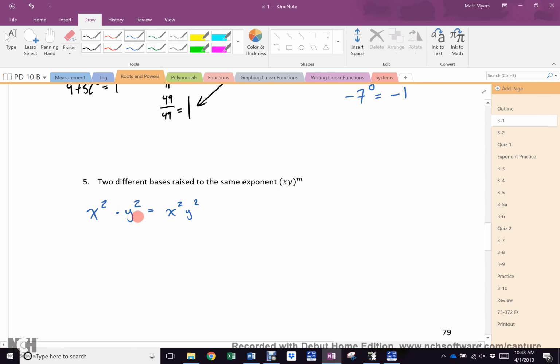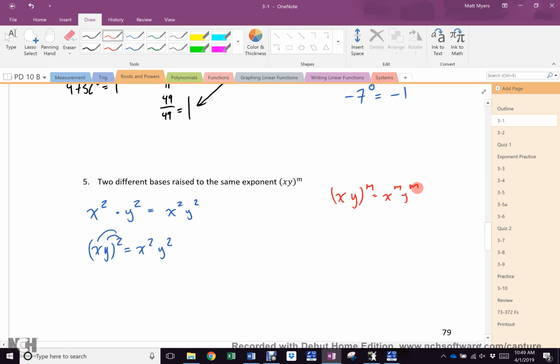Well, this is just (xy) squared. The x is squared and the y is squared. The exponent goes to everything. Can I forget any other laws? No, I have to remember all of my other laws. So the rule here is (xy) to the m equals x to the m, y to the m. But I can't forget any other laws.